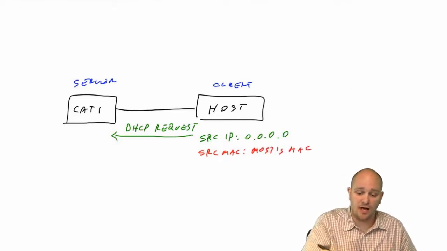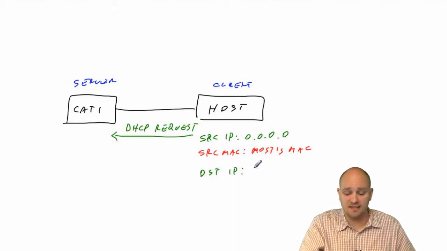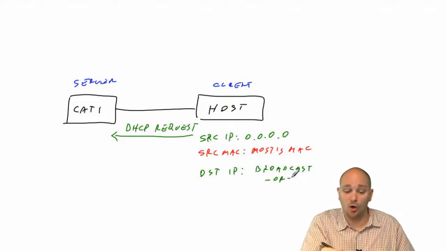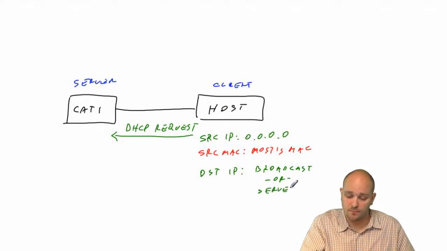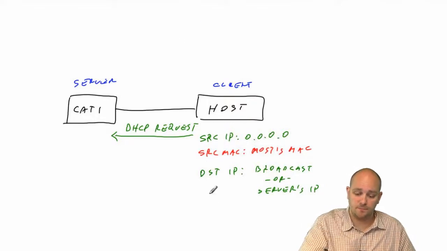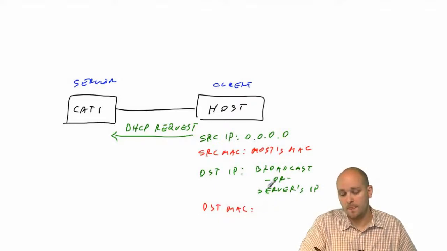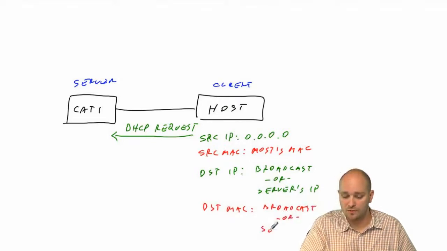The destination IP address could be, in this case, either broadcast, or, because at this point in time the host actually knows who the server is, it could be the server's IP address, and the destination MAC address is going to be either broadcast or the server's MAC address.